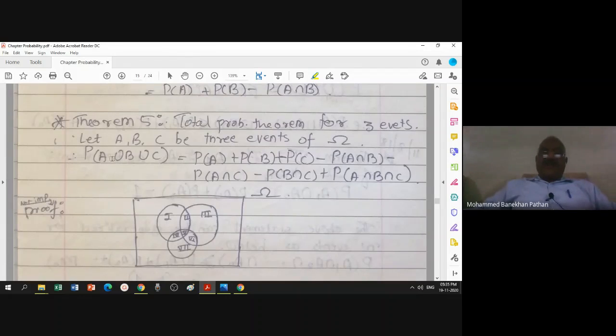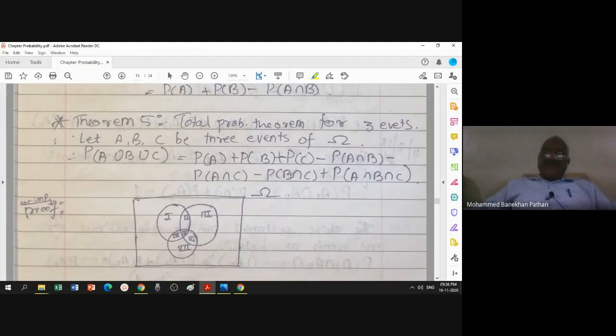Therefore, probability of A union B union C will be PA plus PB plus PC, just like this statement, minus A common B, minus A common C, minus B common C. But here, this part is coming extra. Here, probability of A common B common C is added. That is to be remembered. So this is the generalization of addition theorem of 2 events to 3 events.